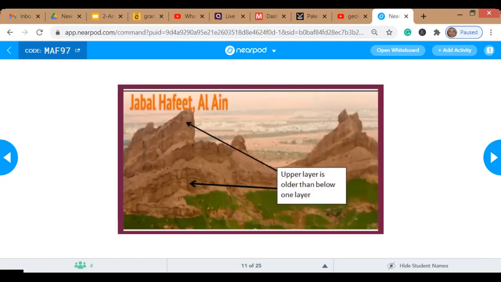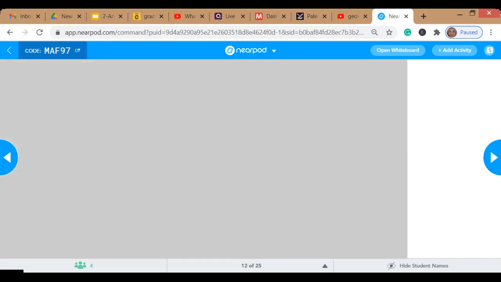The next is the same picture of that same mountain. If you say the upper layer is older than the below one, then we are talking here about relative dating. So we will just see which layer is old and which layer is new in today's lesson.